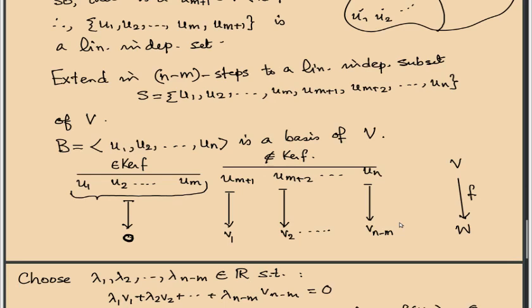And the dimension of the image and the dimension of the kernel add up to the dimension of the domain. So that's a big observation which we now formalize.